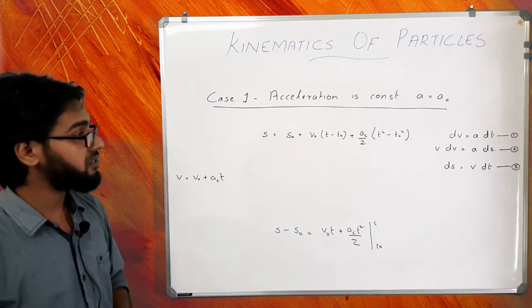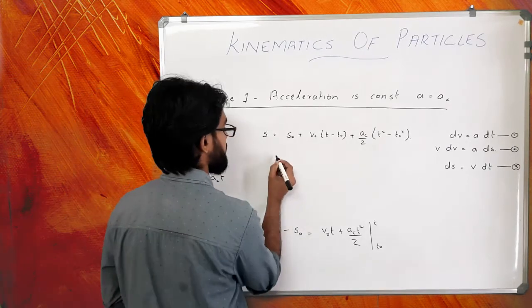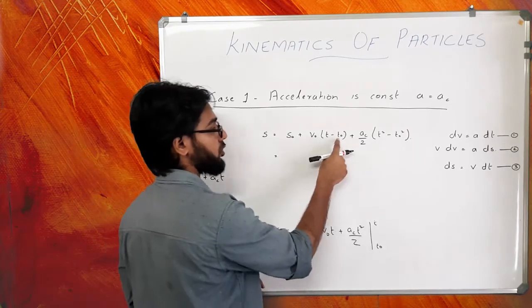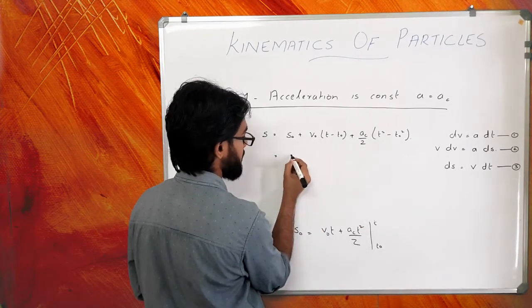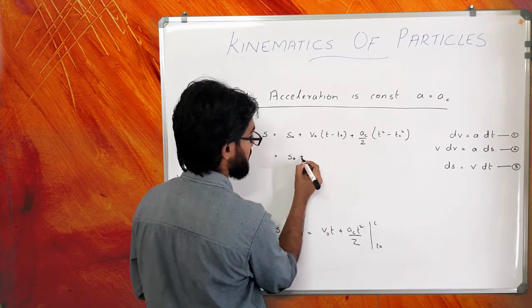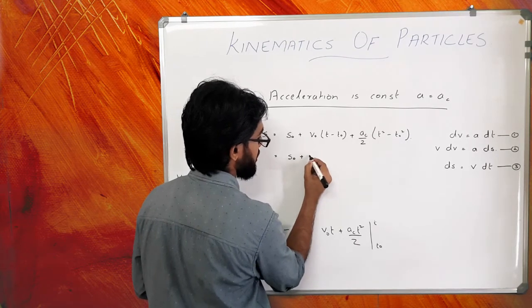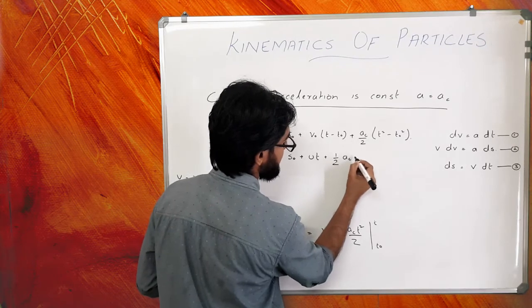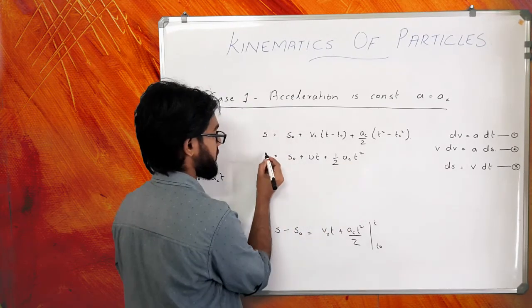You must have studied this equation in another format. If the value of t0 is 0, then s0 plus ut plus half a_c into t square.